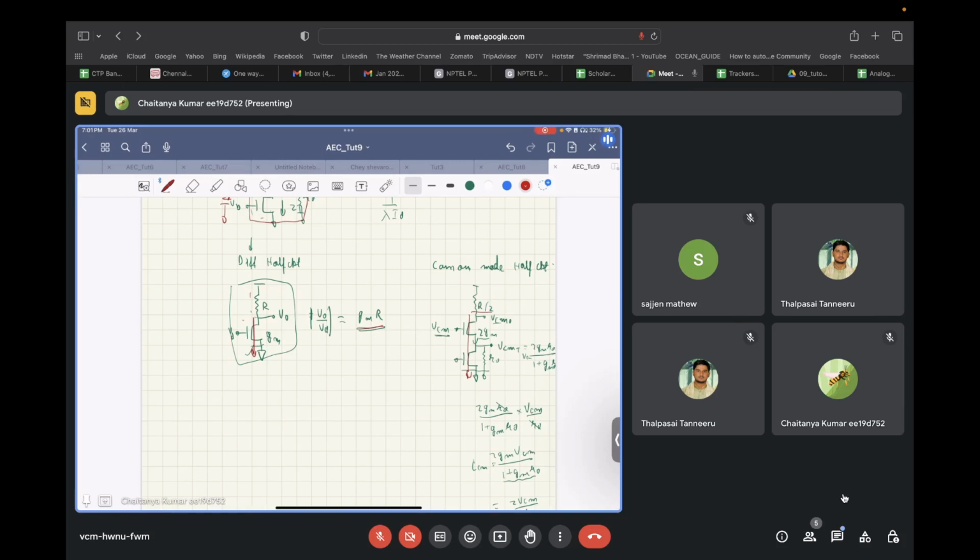This R will be a significant quantity because we need some gain in differential mode, and the load that the common mode half circuit sees can be much smaller. Even though some current is being drawn from the lower side, since the load that the common mode half circuit sees will be much smaller, we can have a better common mode rejection ratio. The common mode gain will be less. So we'll try to build that particular topology.